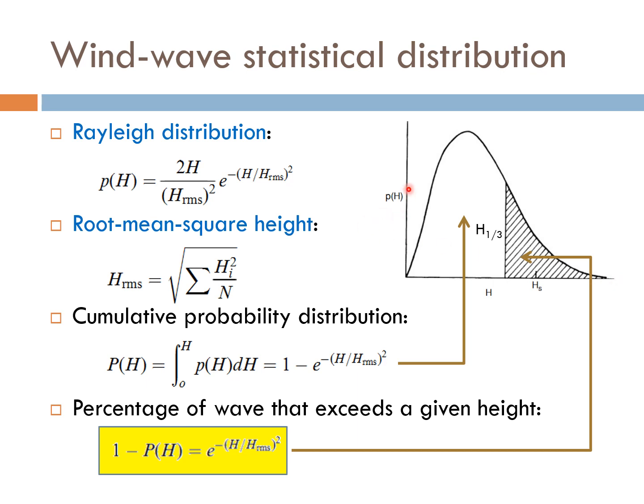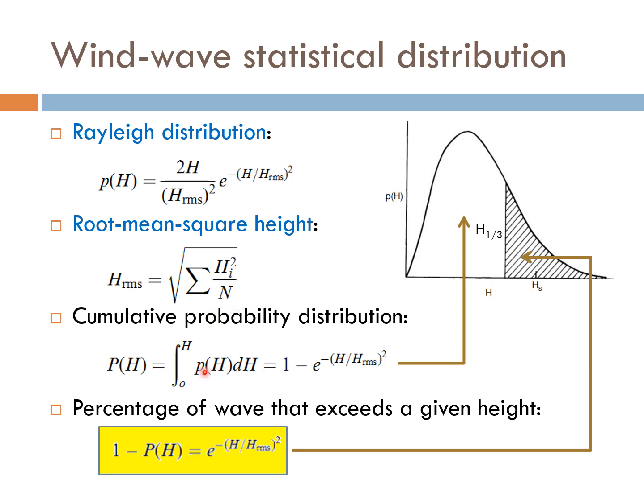Here, the probability function of the wave height is given by this expression, whereby H_RMS here is the root mean square height, which is defined mathematically in this equation.